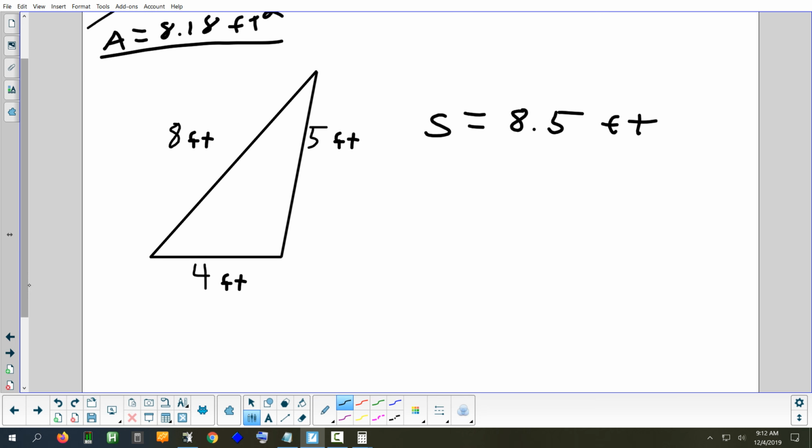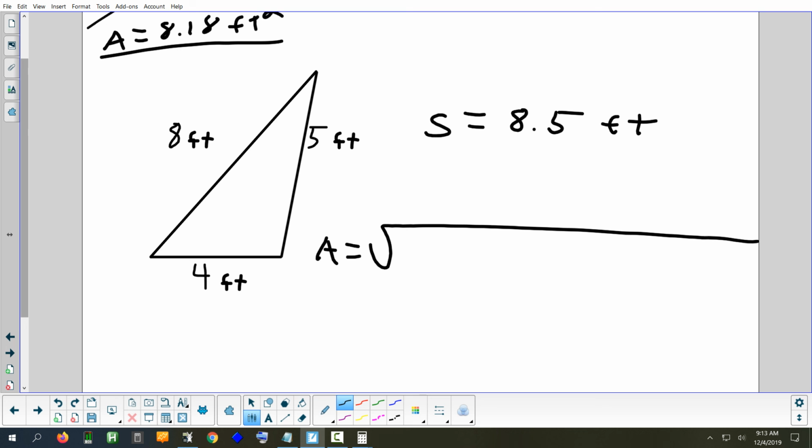Right, now let's set up our formula. Okay, what's the first thing that I do under the square root? So looking back at that formula, what's the first thing that's under the square root?